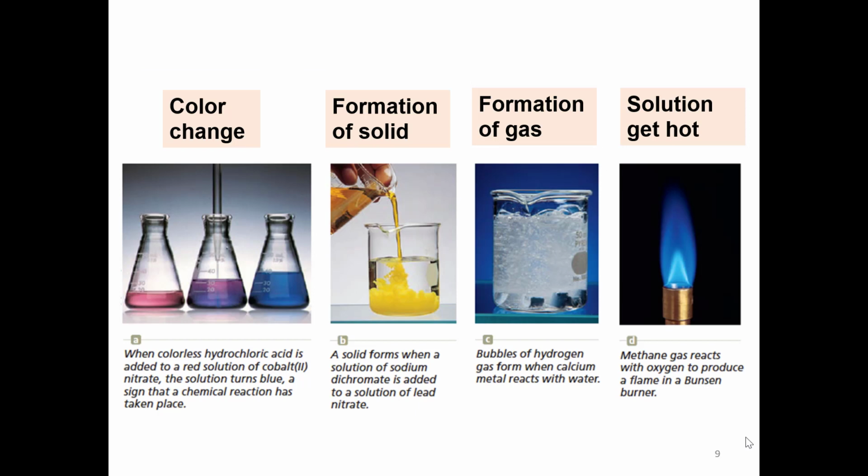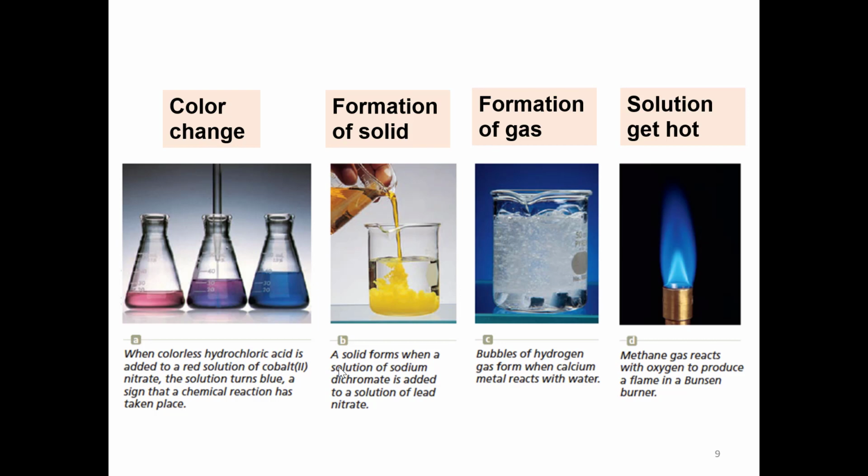Here we had some examples of signs that indicate a reaction has taken place. In the first example, we can see when colorless hydrochloric acid is added to a red solution of cobalt(II) nitrate, the solution turns blue, meaning there is a color change.